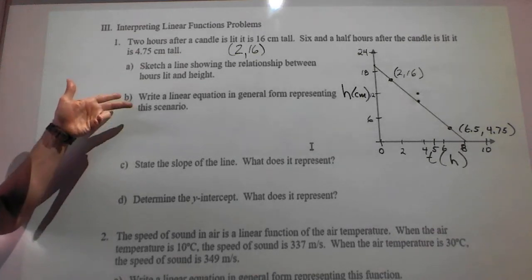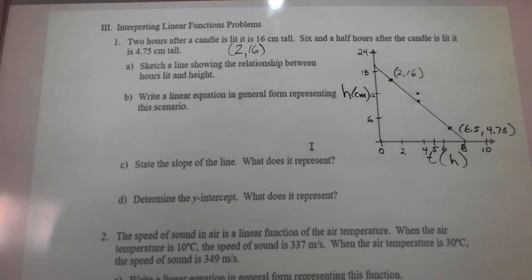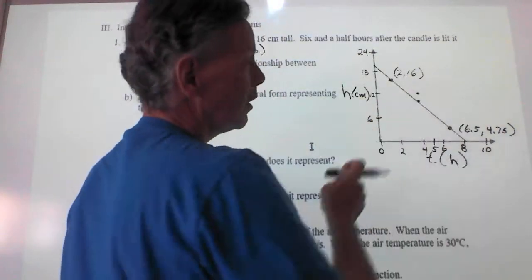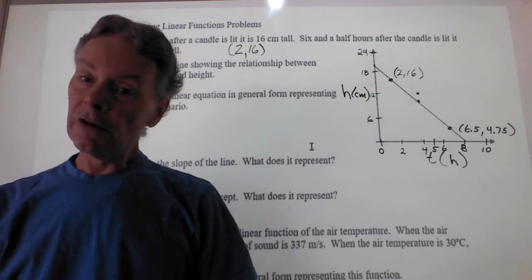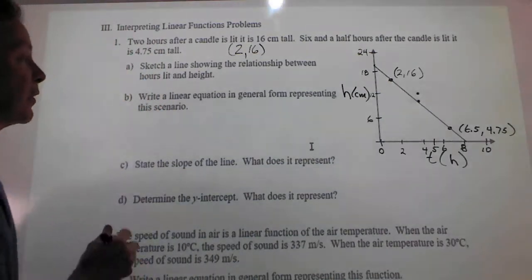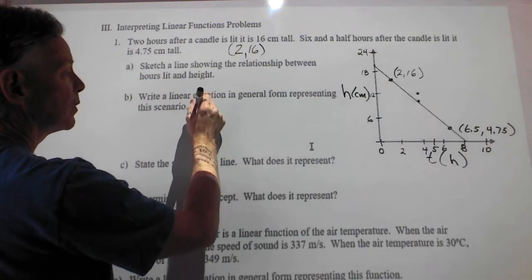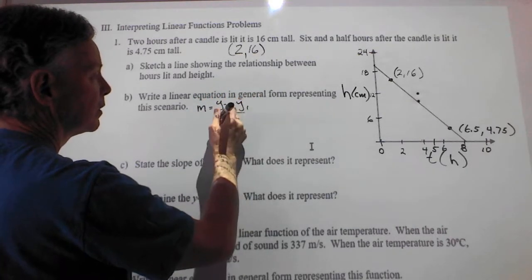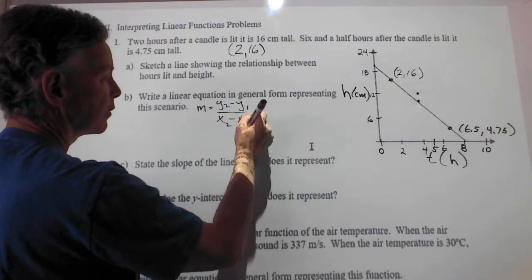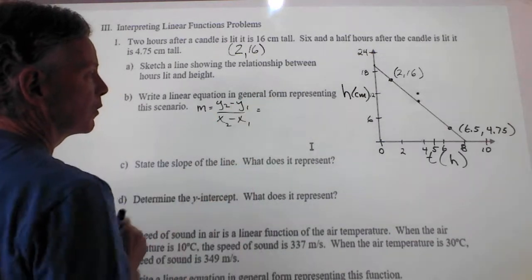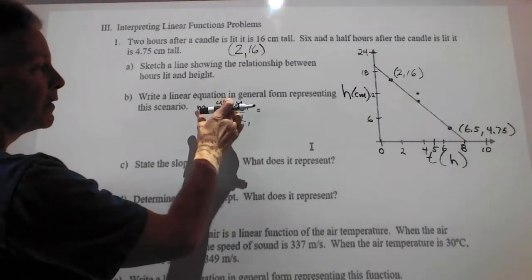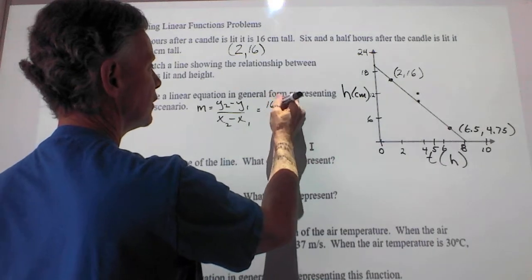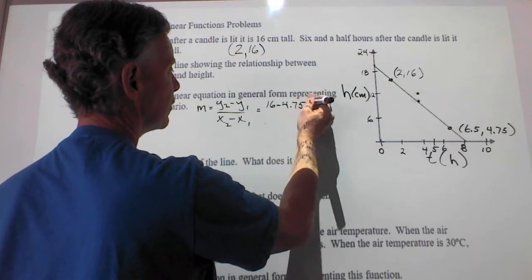Write a linear equation in general form representing this scenario. So, remember, for any of our equations, we need to find the slope. So that's going to be your first step. Okay, so find the slope. Slope equals y2 minus y1 over x2 minus x1. Our y2 and y1 are 16 and 4.75, so 16 minus 4.75.